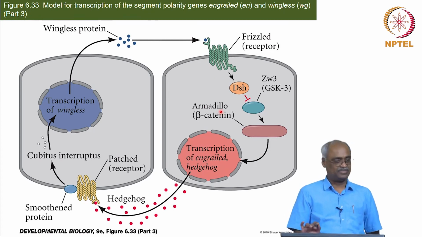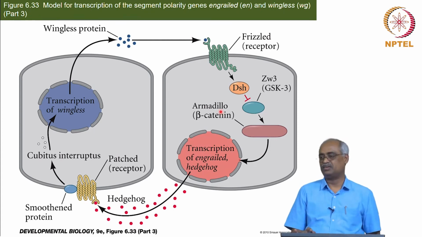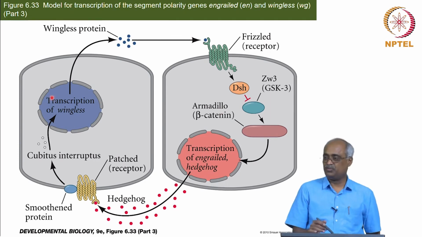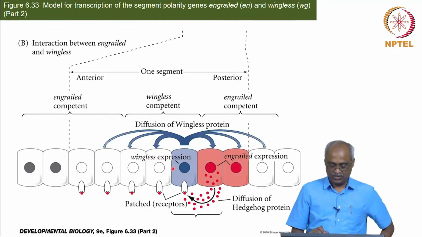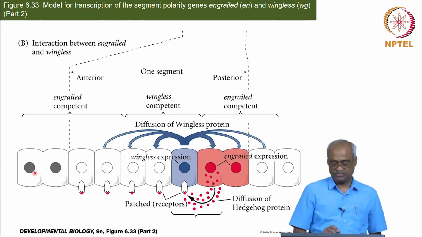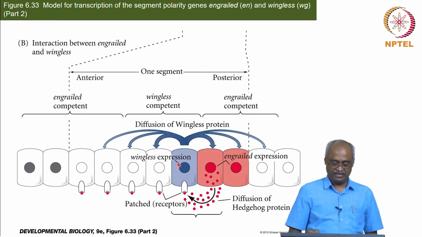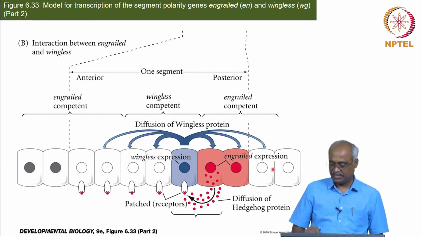The signaling molecules I am talking about are wingless and hedgehog. These two are morphogens, so they are going to generate a gradient. From this cell, if you go this way, you will have a diffusing gradient of wingless.